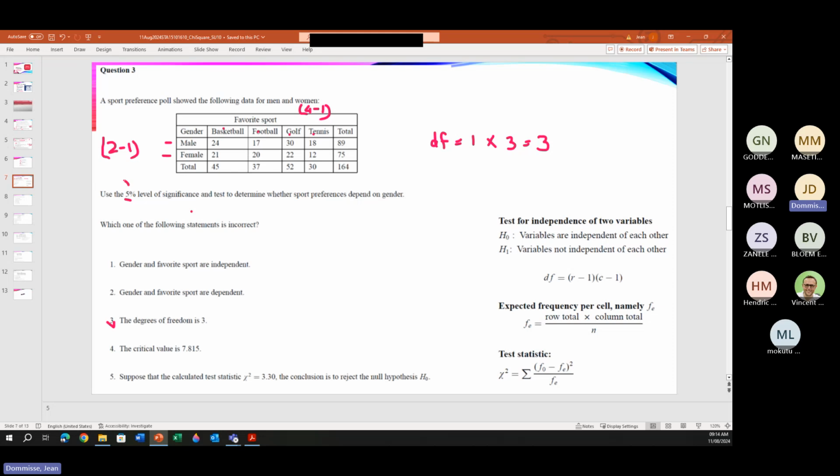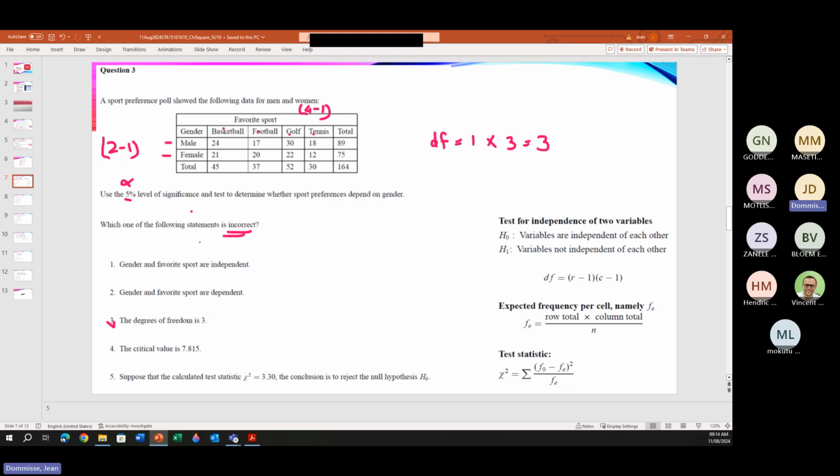So there's your alpha, and test to determine whether sport preferences depend on gender. So basically, is there a difference in preference in sport according to the gender of the person? And then they ask us which one is incorrect.